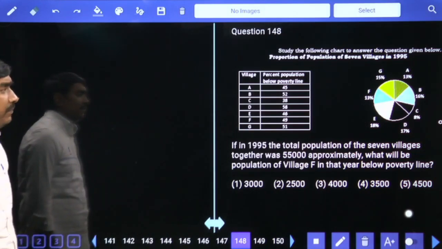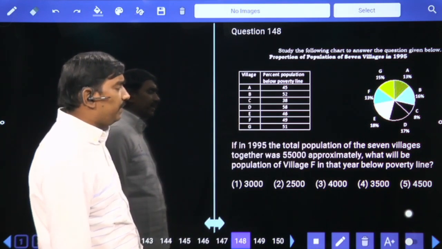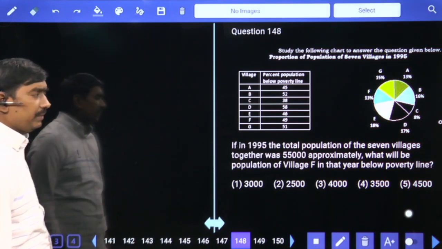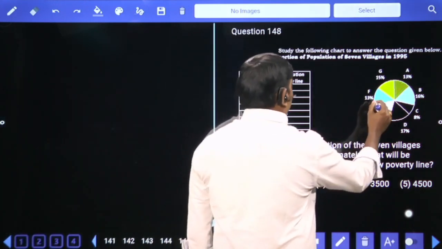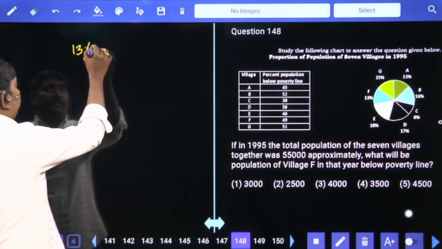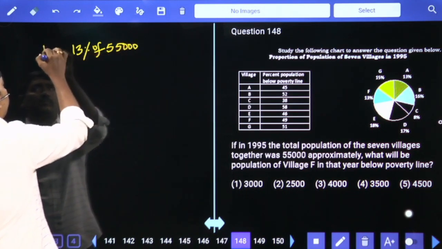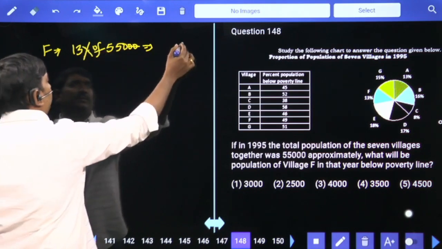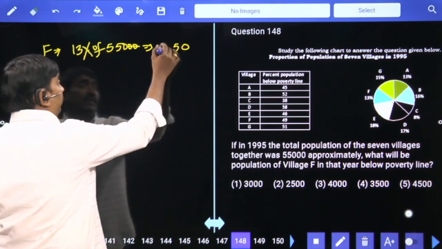If in 1995 the total population of 7 villages together was 55,000 approximately, what will be the population of village F in that year below poverty line? First of all, village F is 13% of 55,000. As percentage, 2 zeros will get cancelled. 13 times 5 is 65, 65 plus 6, 7,150.